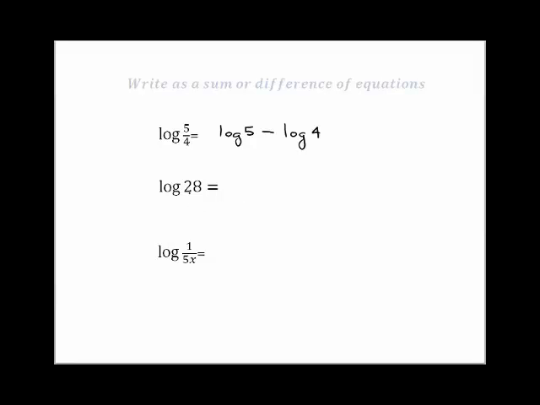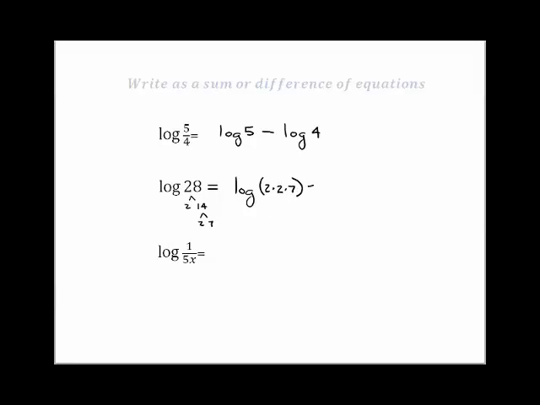Okay. The log of 28. Now, remember, we want to work with 2s, 3s, 5s, and 7. So let's break this down. We've got 2 times 14 and 2 times 7. So we want to rewrite this as the log of 2 times 2 times 7.